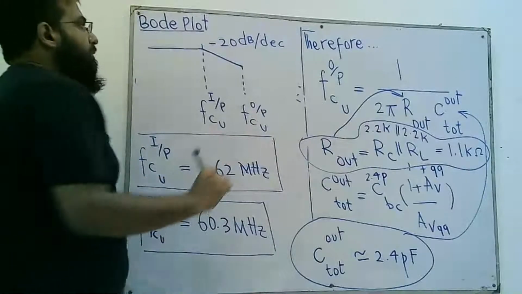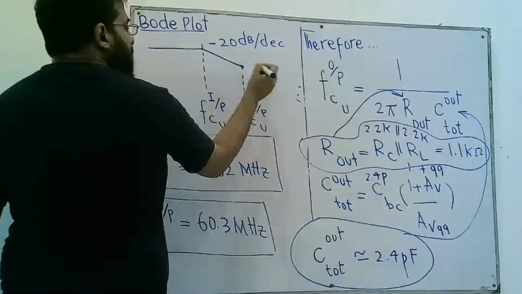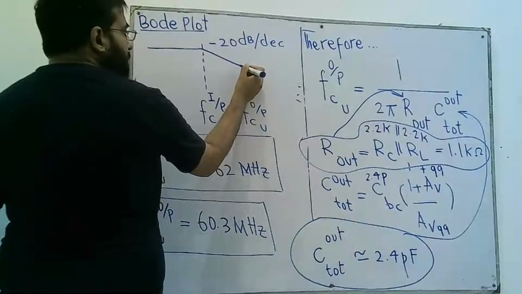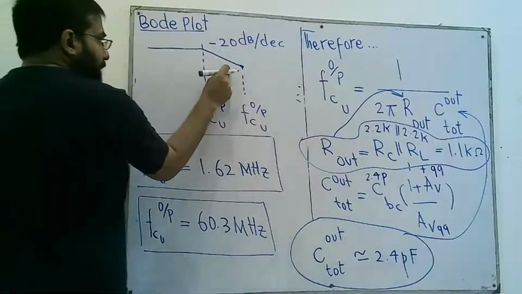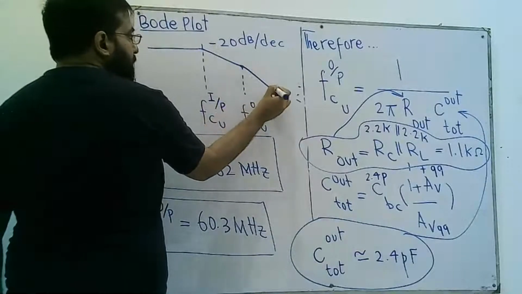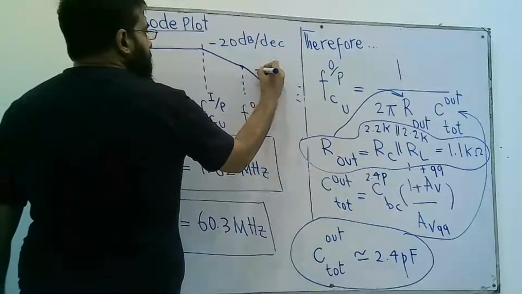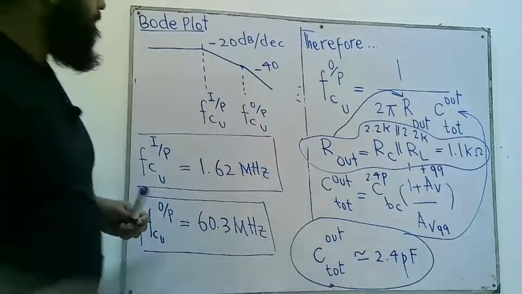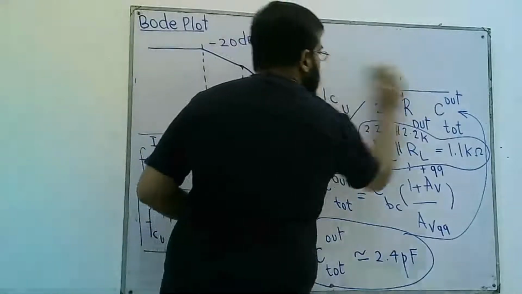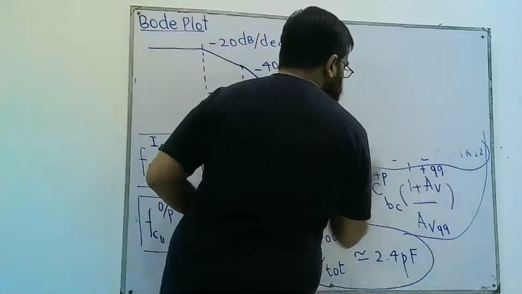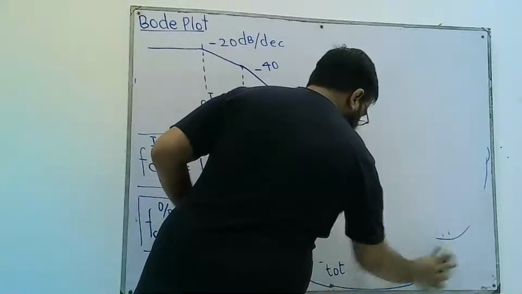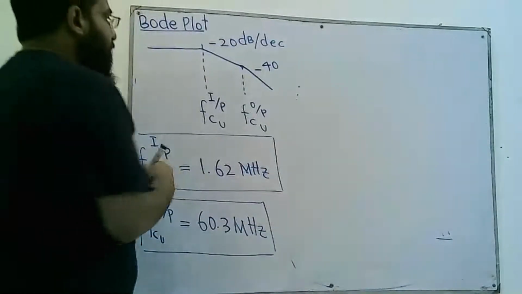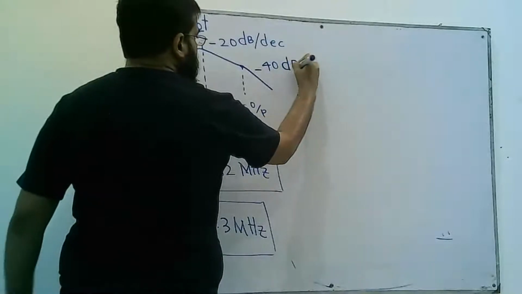So after this, the roll off is faster than it was in this region. So it is like this, and this is at the rate of minus 40 dBs per decade.